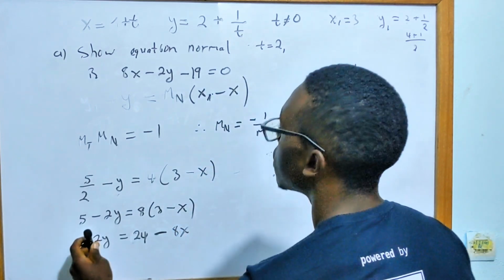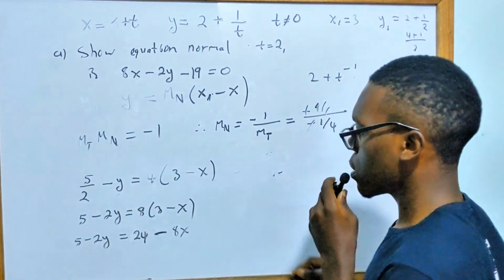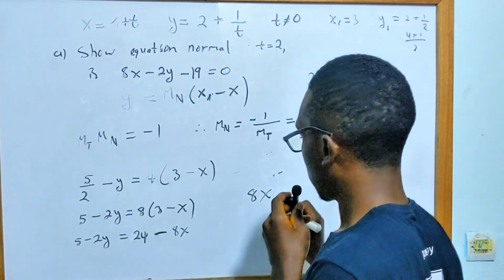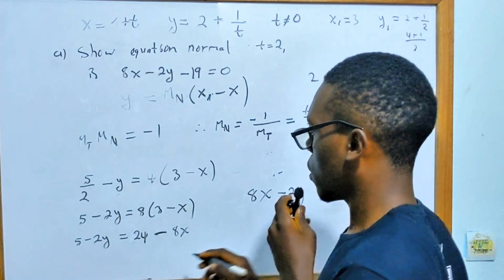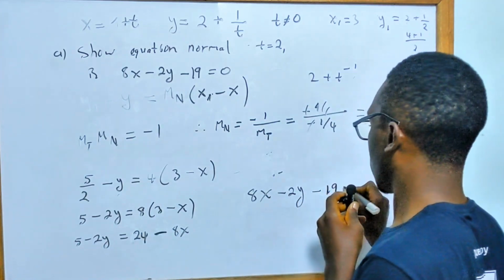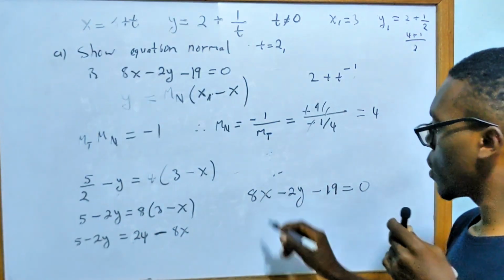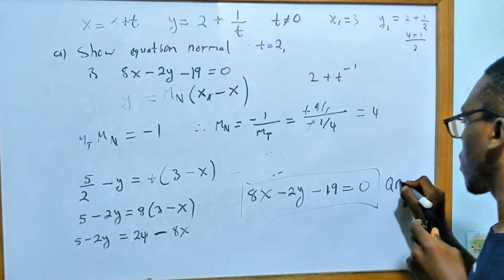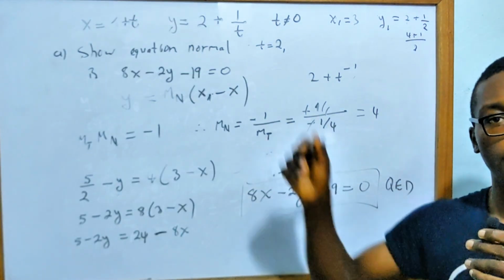Hence, you can bring everything on this side, so it should look like this: 8x minus 2y, 24 minus this, there is -19, equals 0. And we came out with this. See you in the next question then.